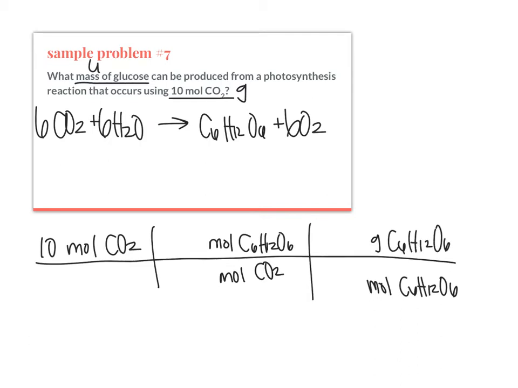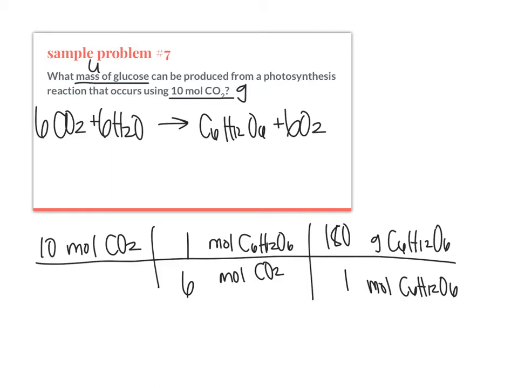Okay, now let's fill in the numbers. CO2, we have 6 moles for every 1 mole of glucose. And in 1 mole of glucose, we have how many grams? It's going to be a bigger one because we already worked it out, didn't we? We worked it out in a different problem. If carbon is 12 and we have 6 of them, hydrogen is 1 and we have 12 of them, and oxygen is 16 and we have 6 of them, it works out to be 180 grams.